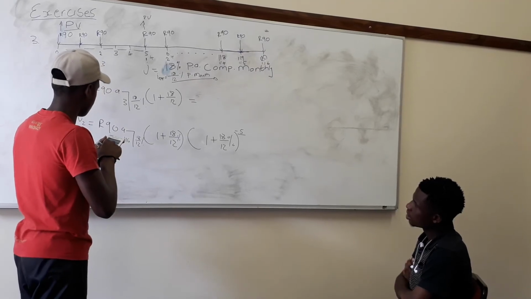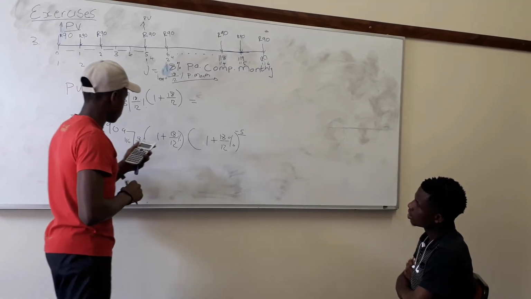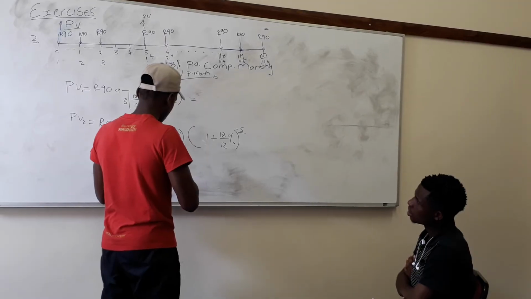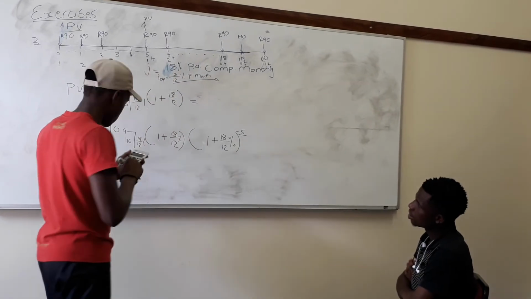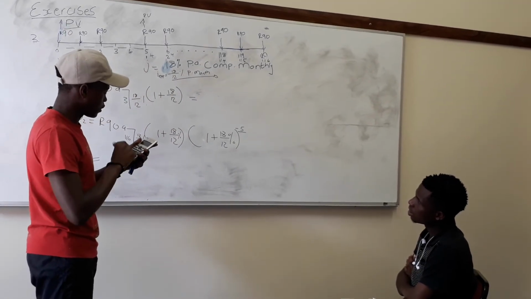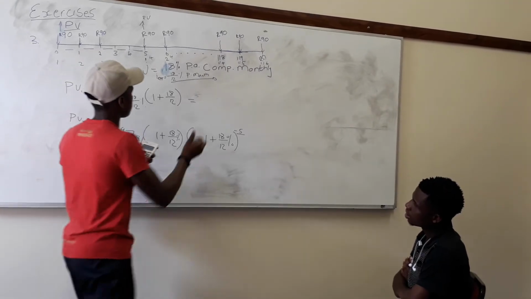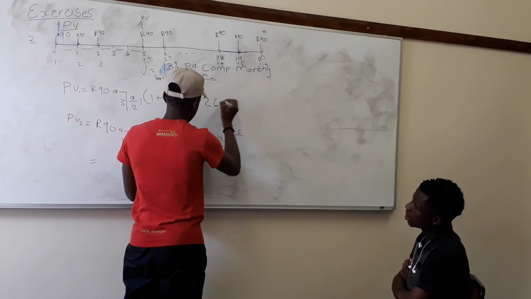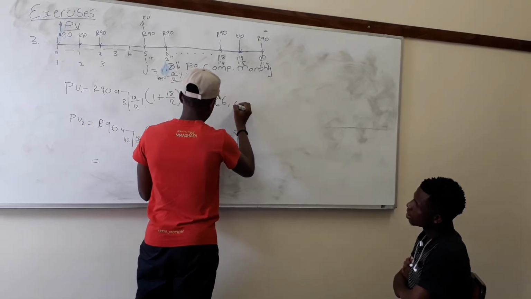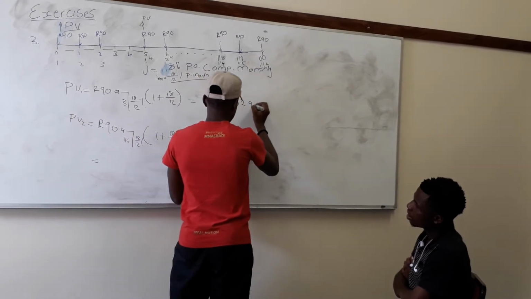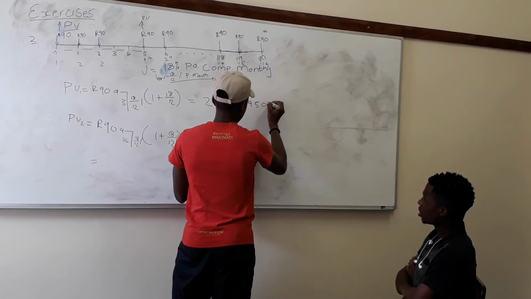We want to find PV, right? So we say PV. The payment, sorry, is 90, and then I want to find PV. So my PV is 266,029.5081.